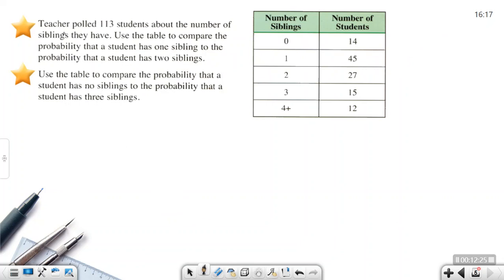That's the last example. A teacher polled 113 students about the number of siblings they have. Use the table to compare the probability that a student has one sibling and the probability of two siblings.